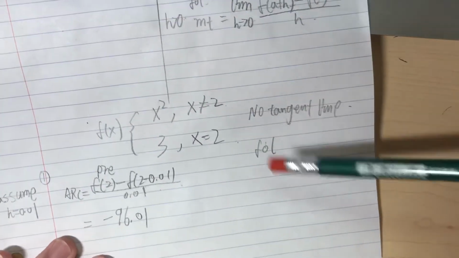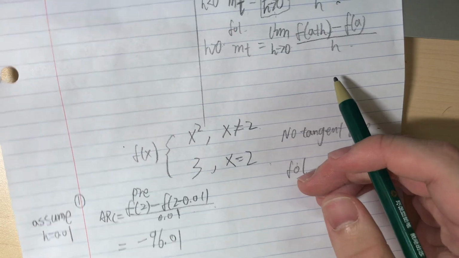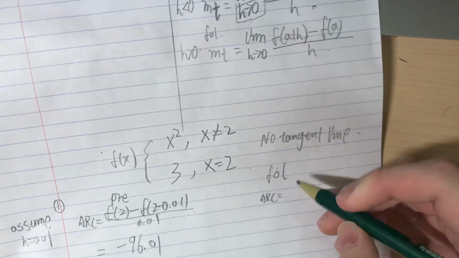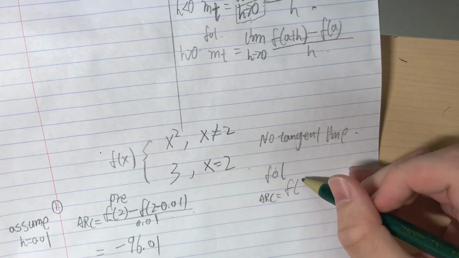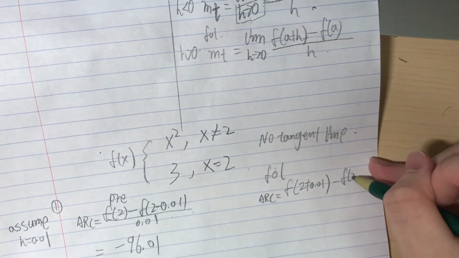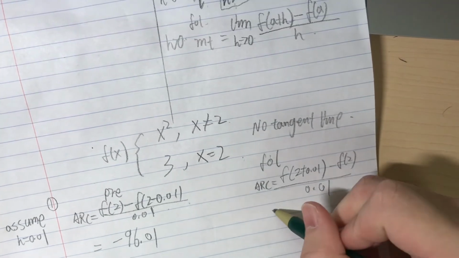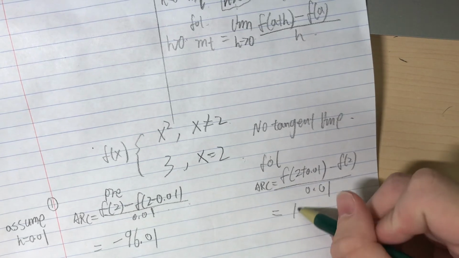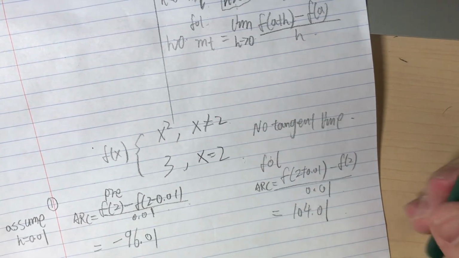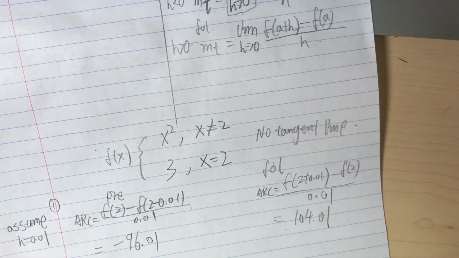On the other side, using the following interval, the ARC should be equal to f(2 plus 0.01) minus f(2) divided by 0.01, and the answer should be 104.01.